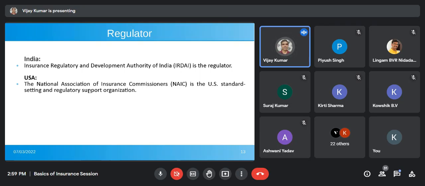Okay, and in the US also, when you are implementing a project for a US-based client, you might come across the National Association of Insurance Commissioners, NAIC. This is again a regulator. The way we have IRDAI in India, the US has NAIC. The job of this regulator is to define the rules for insurance carriers to safeguard the people who are buying the insurance policies, to safeguard their interest.